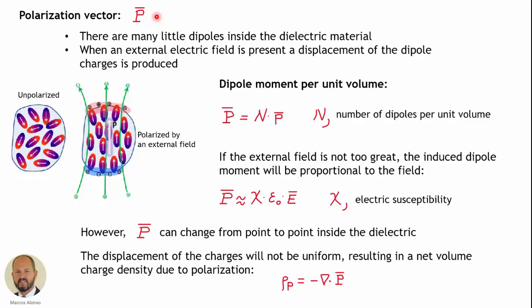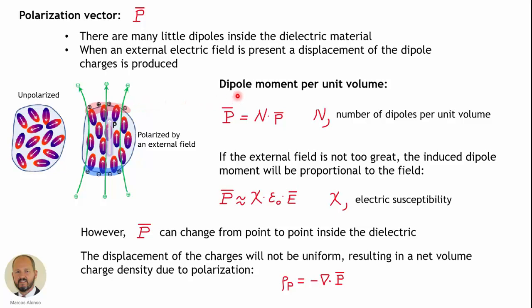We have to remember that in a dielectric we have many little dipoles inside the dielectric material. If the material is not polarized, then they are randomly oriented. But when we apply an external electric field, we are going to have a displacement of the dipoles. They are going to be oriented according to the electric field.